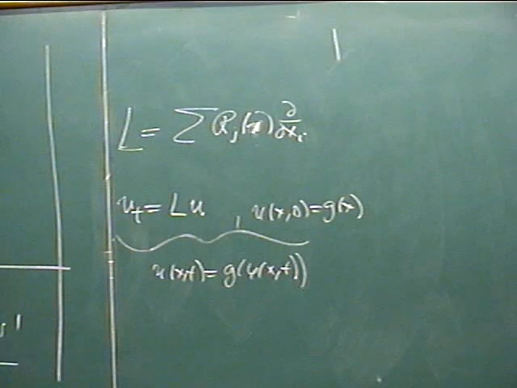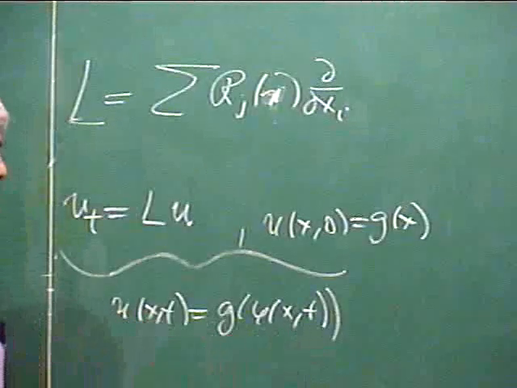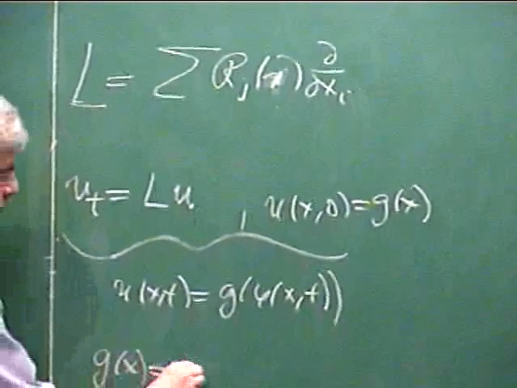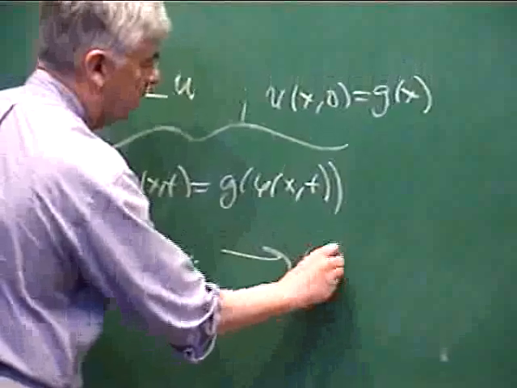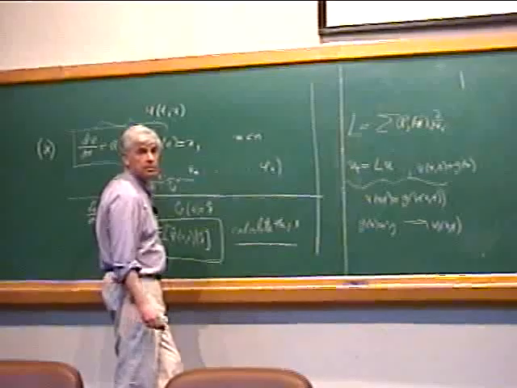If I can solve this equation, I can obviously solve the original equation. On the other hand, if I solve this equation with initial data g of x equal to xj, the corresponding solution is phi j of x and t, exactly the solution of this problem.